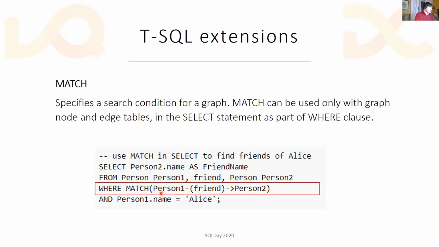So no join, as you can see. There is no join because the join is in the edge table, and the edge table is the friend table. Match person one, and there is a direction. There is an arrow. So person one is friend of person two, starting from Alice.